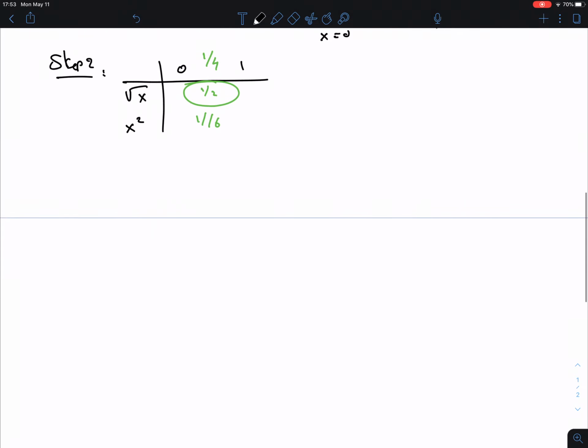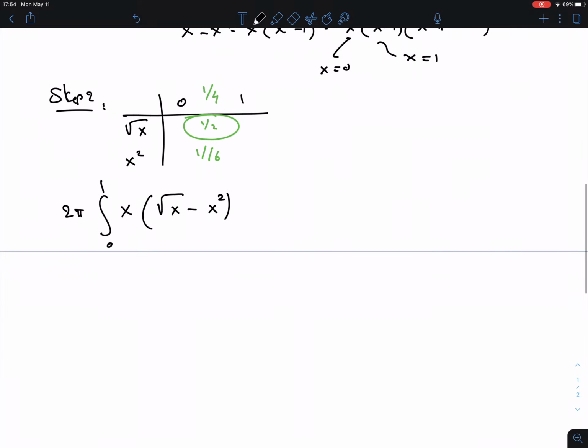Okay, so we have 2 pi, integral between 0 and 1, of x times (radical x minus x squared) dx. That's how I said it, right? Now this one we have to expand. So this is 2 pi, integral from 0 to 1. This radical we write as a rational power, x to the power half, times x, so it's x to the power 3 halves, minus x cubed.